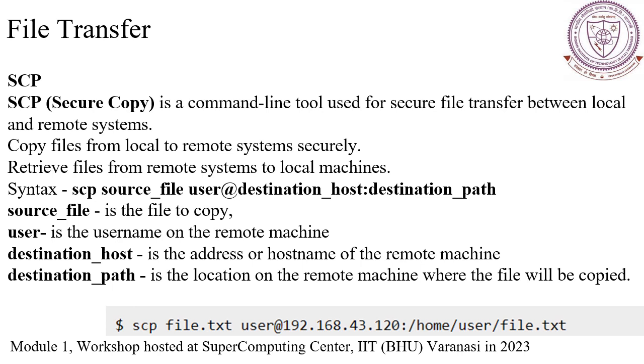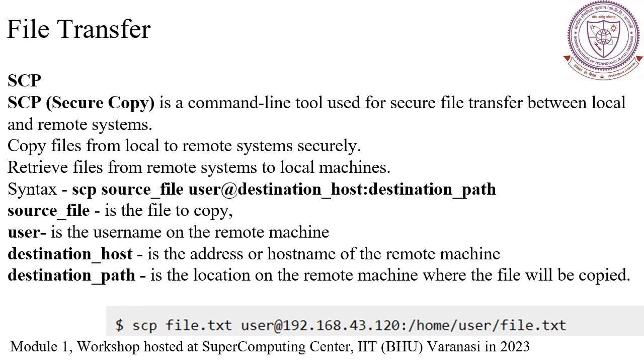Here is one example. To copy a file from a local system to a remote system, you can use the following syntax: scp, then the source file, that is, the file on your local computer which you want to transfer, then your username at the rate your IP or your host name, whatever it is, for example paramshivaya.iitbhu.ac.in.